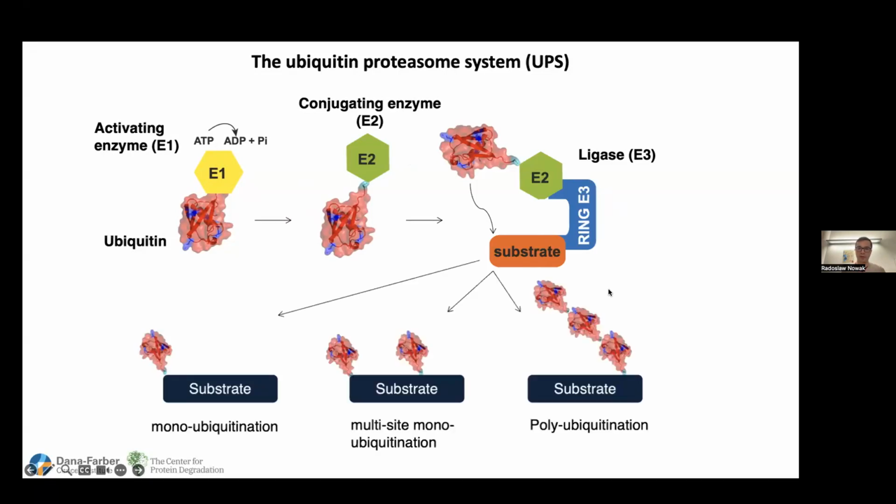And that transfer of ubiquitin can be on multiple different fronts. You can effectively create polyubiquitin chains, and this is the signal that results in tagging protein for degradation by the proteasome. You can also have multi- and monoubiquitination that results in many different signaling pathways.